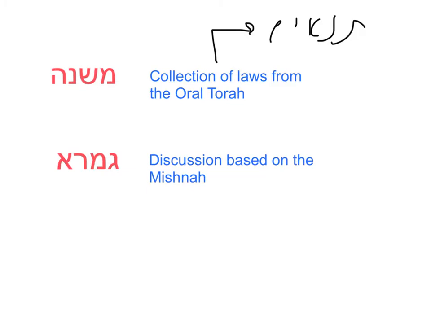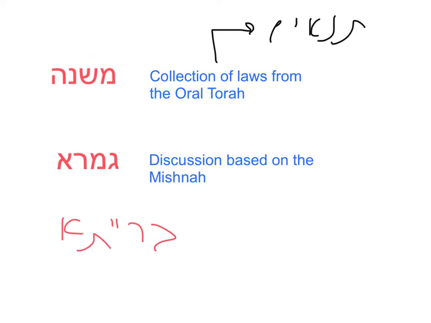Additionally, we did also mention in class what's called a Breita. A Breita is one other component of the Torah Sheba'al Peh that we haven't mentioned yet, and it actually belongs right in between here. I'm not going to write the translation here, I'll just mention that a Breita also comes from the Tanaim, but a Breita is simply the laws from the Torah Sheba'al Peh, from Tanaim, that just didn't make it into the Mishnah.